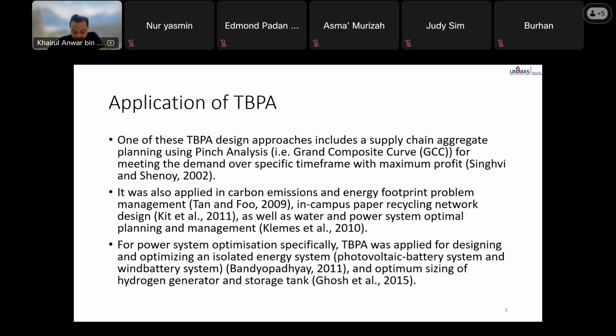In addition, there are also electricity system cascade analysis, which is not part of the scope of this subject, but it was developed for distributed energy generation system design involving intermittent biomass power generator system.